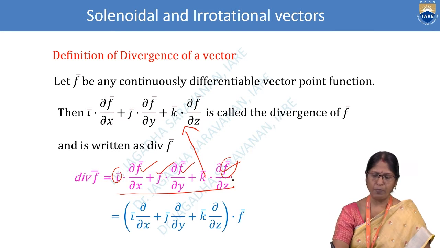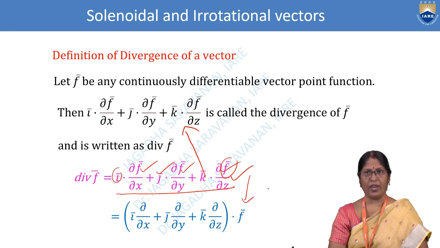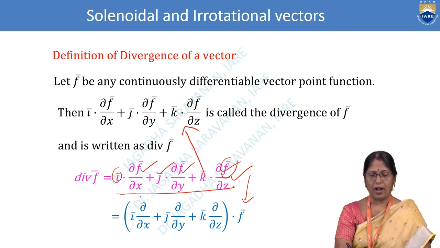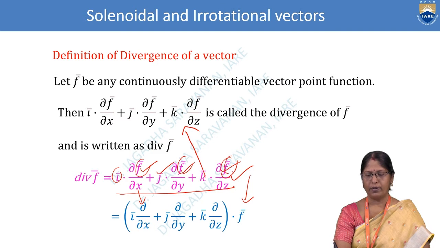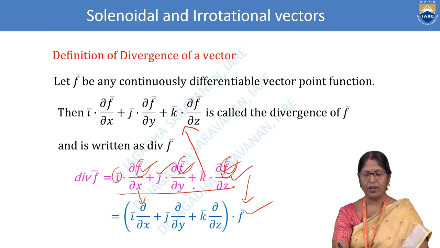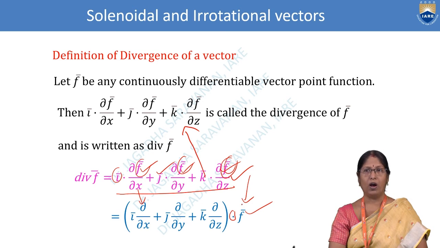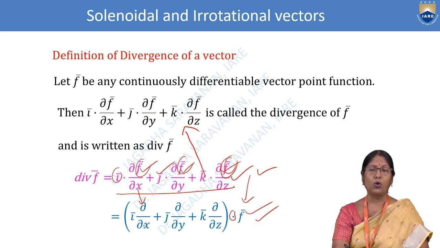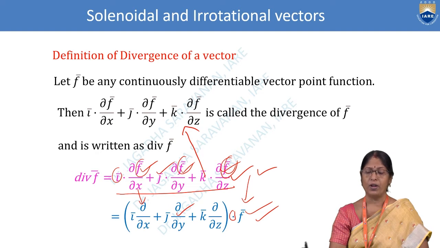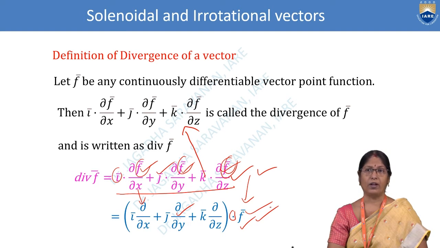Now, this can be written in another way. We take this vector f out, and the dot product also out. So div f equals i dou by dou x plus j dou by dou y plus k dou by dou z, dot vector f.